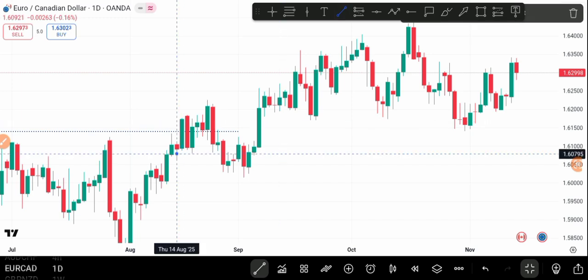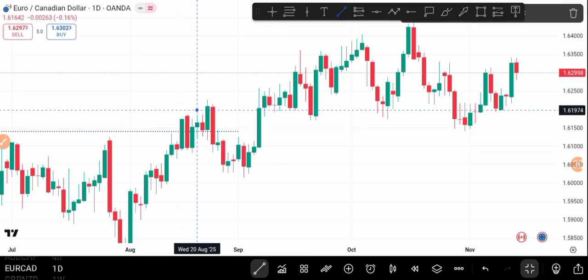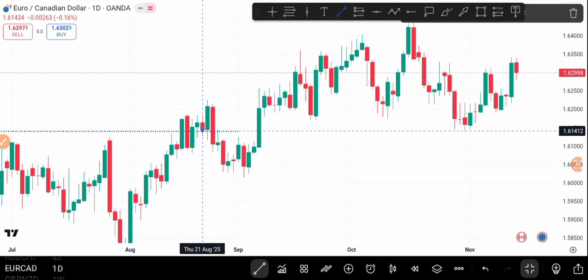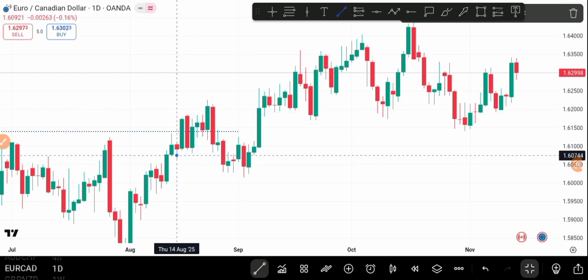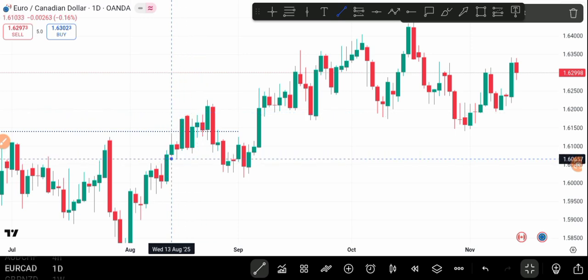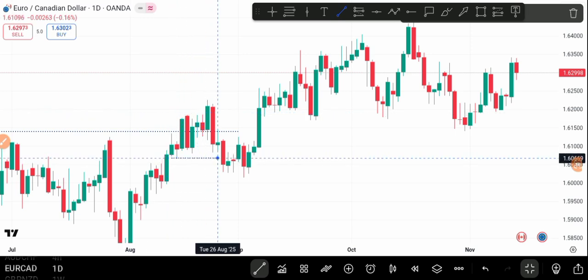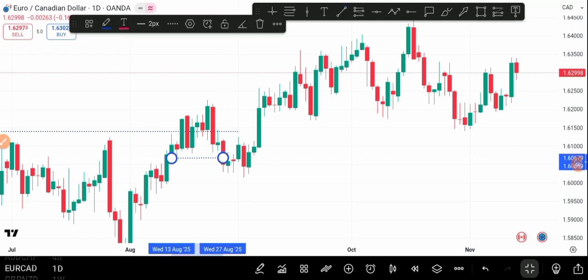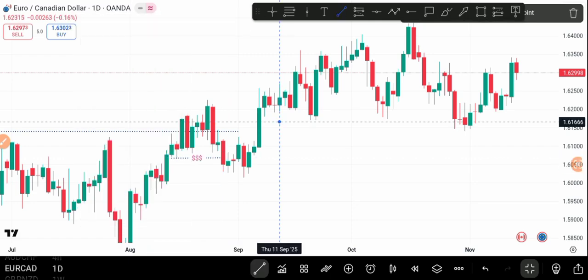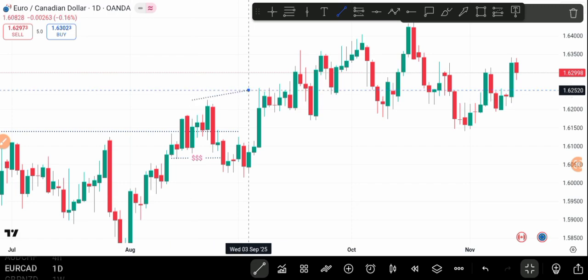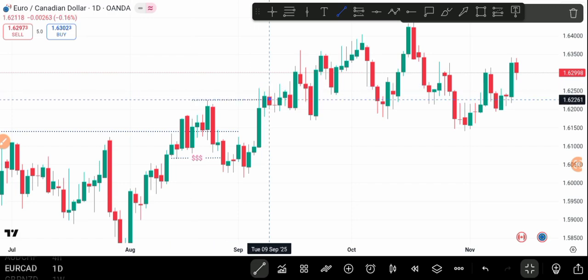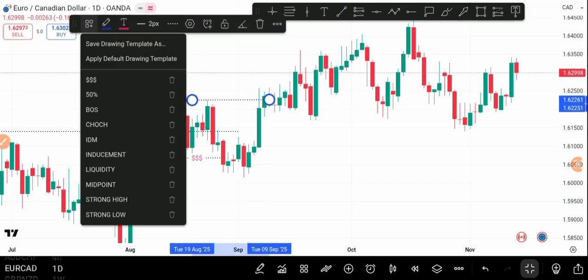What I'm saying is this. There was a break of structure at this point, but this break of structure never took any liquidity until the price came back to take this liquidity, this inducement, at this point, and then the price went up to break this structure, making it a valid break of structure, right?